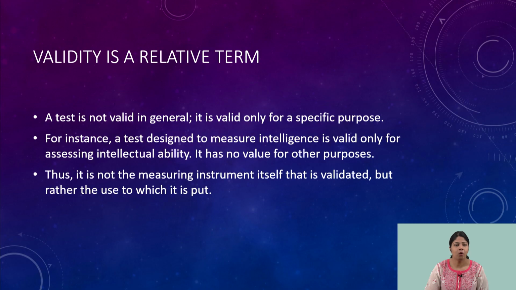Even when we talk about intelligence or personality, these traits have very many different ways of manifesting themselves, and it is very important for the test maker to highlight in their manual under which context they have validated their test, and only for that context will the test be a valid measure.